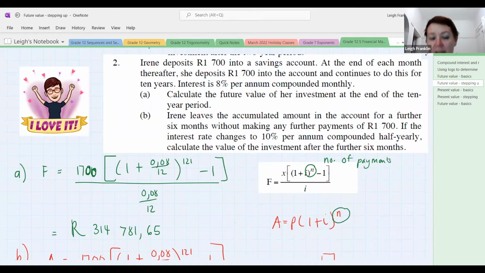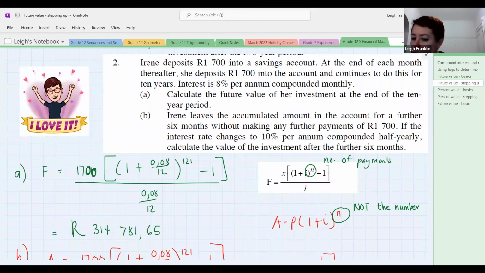Here, N is not the number of payments, because remember, we're not making regular payments when we're working with compound interest. We're using compound interest when our payments have stopped.